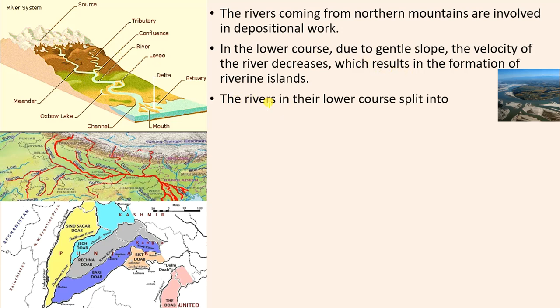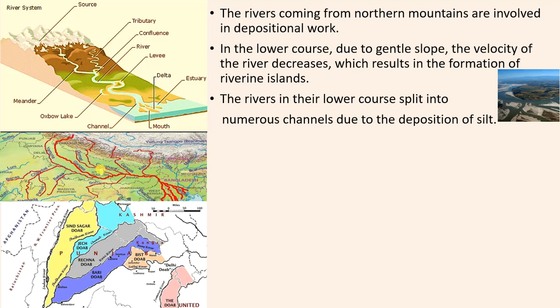The rivers in their lower course split into numerous channels due to deposition of silt. So here in this figure you can see, due to deposition of silt, the river water is dividing into a number of channels, and that can be seen in this map of India, where the Ganga river is divided into a number of water channels.